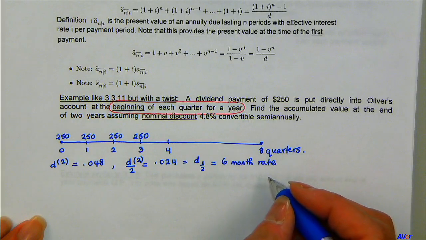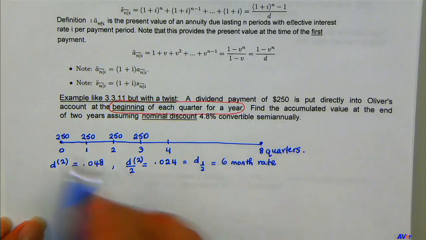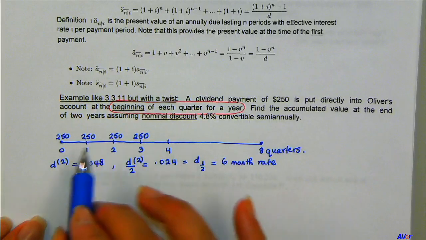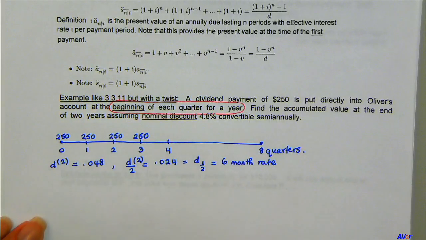You know why I want the discount rate for the quarter? Because my payments are happening at the beginning of the period. So the formula is going to use D in it, right? Because if I talk about A double dot angle 4 or S double dot angle 4, either one, it's going to be either 1 minus v to the n over d, and the other one is going to be 1 plus i to the n minus 1 over d.